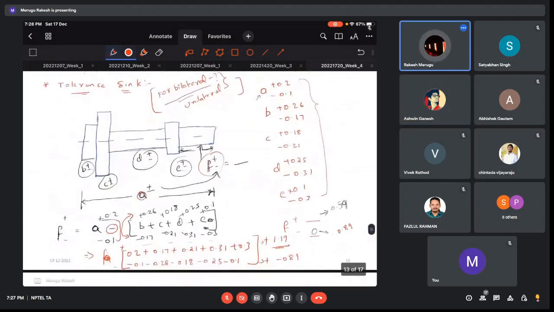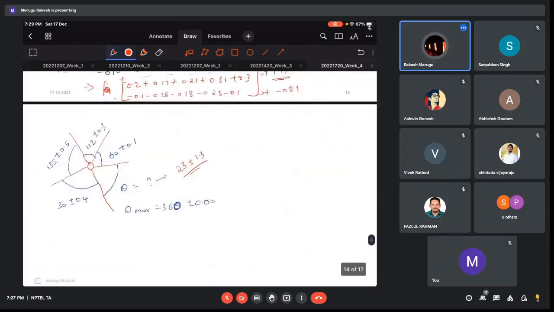You should find out whether the logic remains. This logic will be same for everything. Yes, sir. Okay. But there is one more logic if it is equal and bilateral. You can just write it down. You just have to add the tolerances. Just find it out.